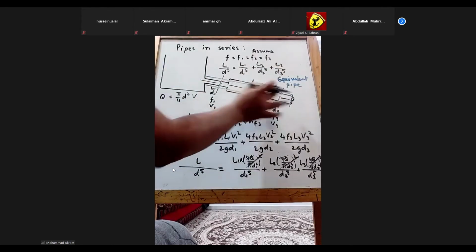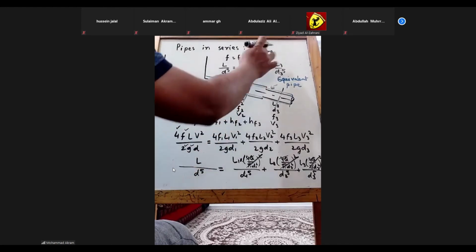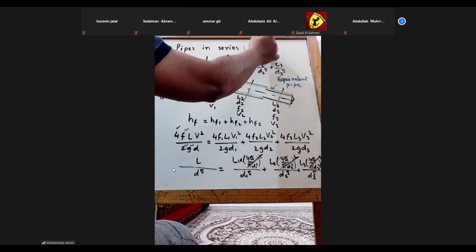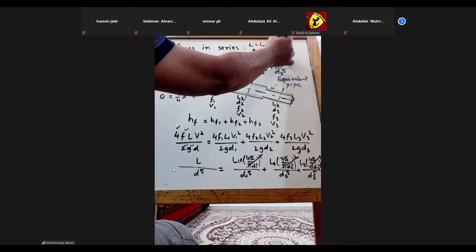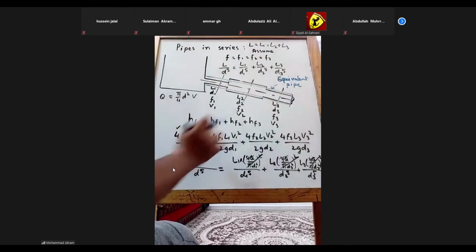I wrote here for 3 pipes. Can I write for 4, 5 pipes? Yes, any pipe, right? But remember, what will L be equal to? L will be equal to L1 plus L2 plus L3, total length.